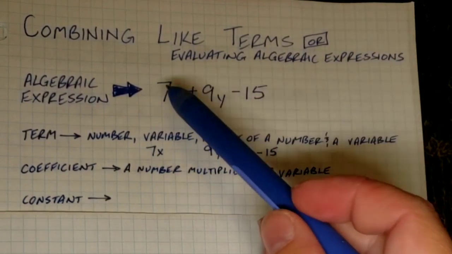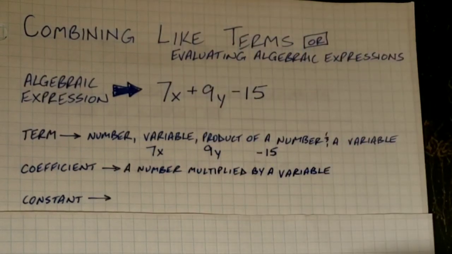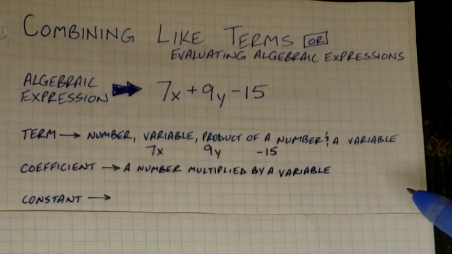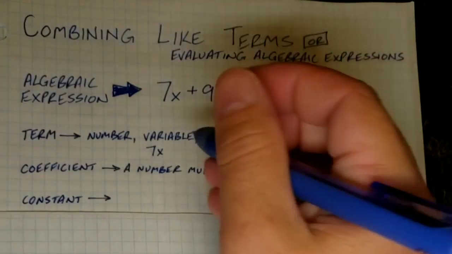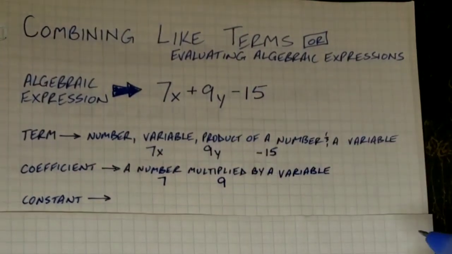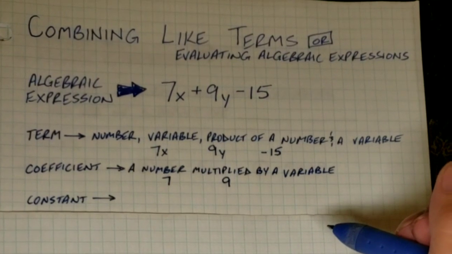Okay, so when you see the 7x, the 7 is called a coefficient. So up here in this algebraic expression, I have two coefficients. They are the 7 and the 9. The x and the y are the variables. The 7 and the 9 are the coefficients.